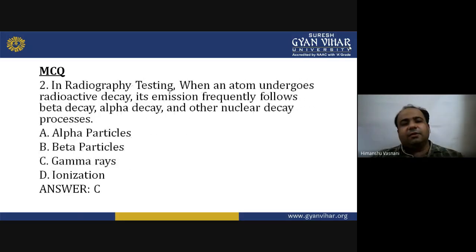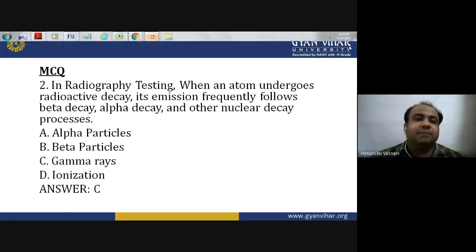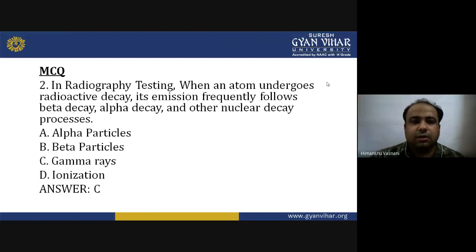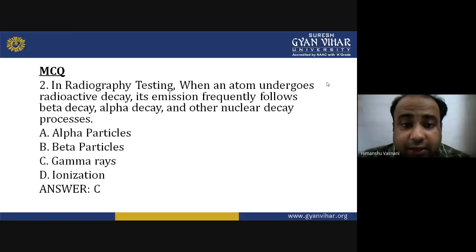In radiographic testing, when an atom undergoes radioactive decay, its emission frequently follows beta decay, alpha decay, and other nuclear decay processes. What do we call it?